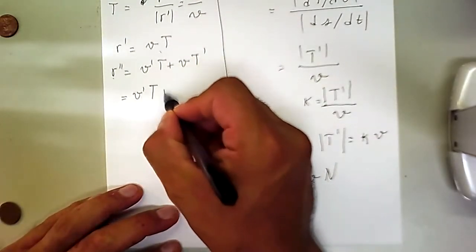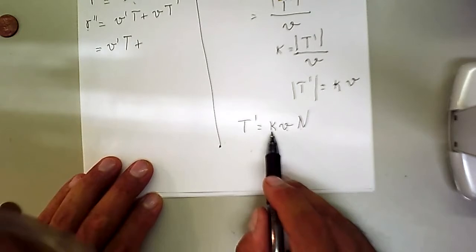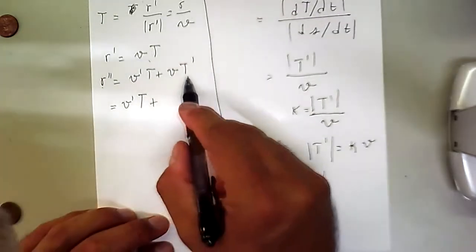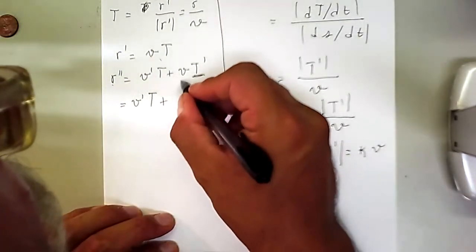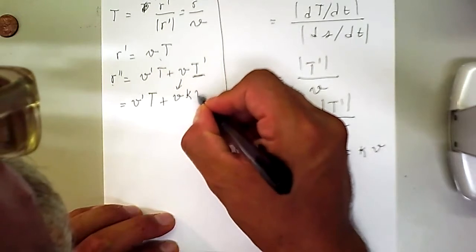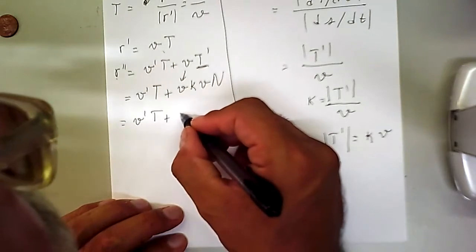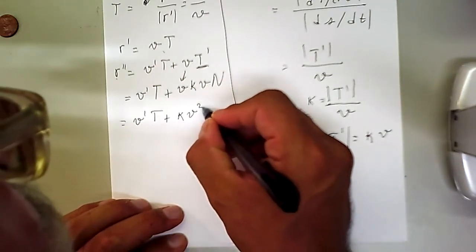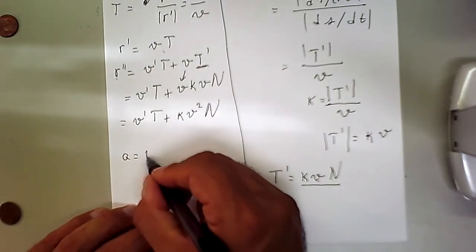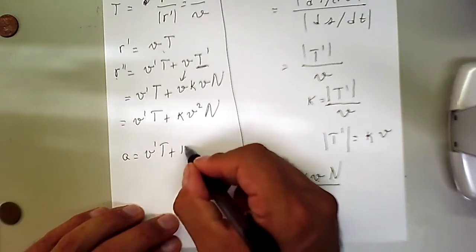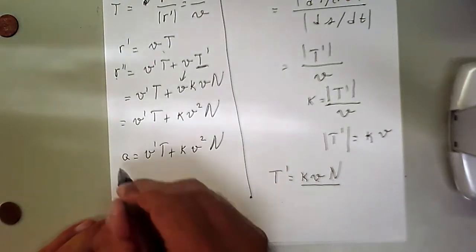T prime, on the other hand, back here, is the curvature v N. So this gets substituted by the curvature v N. So we have v prime T plus v times the curvature v N, which is v prime T plus curvature v squared N. Okay, so the acceleration can be written as a scalar, v prime, times T plus curvature times speed squared times the normal vector.